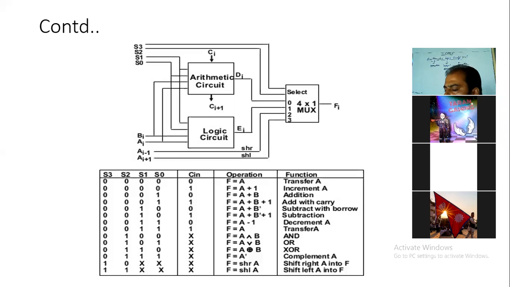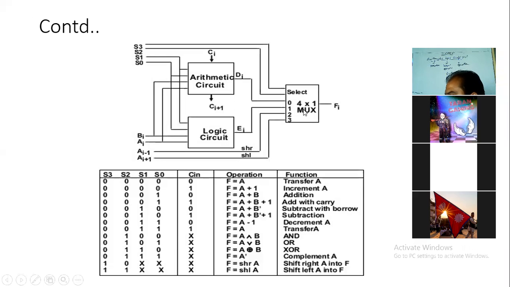And we have four selection variables S0, S1, S2, S3. Ci is the carry. Ci plus 1 is the carry to the next bit. Here we have a multiplexer, a 4 into 1 multiplexer.